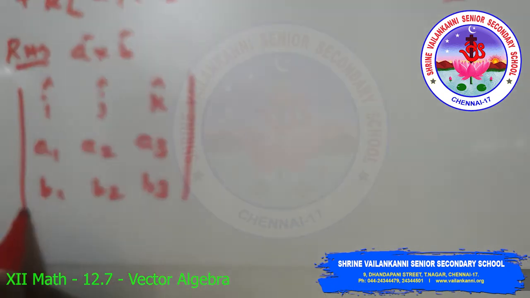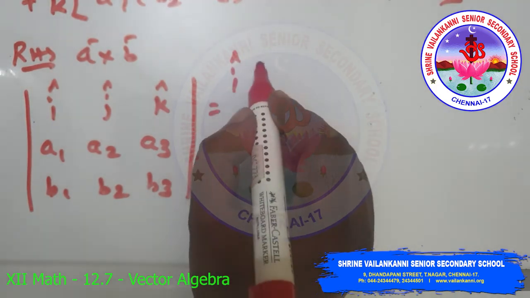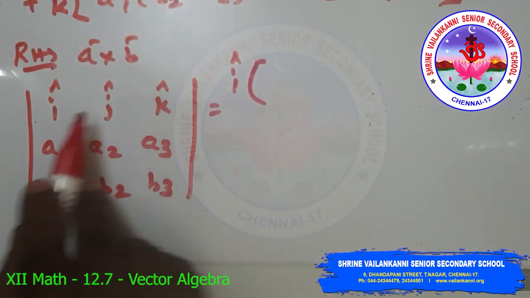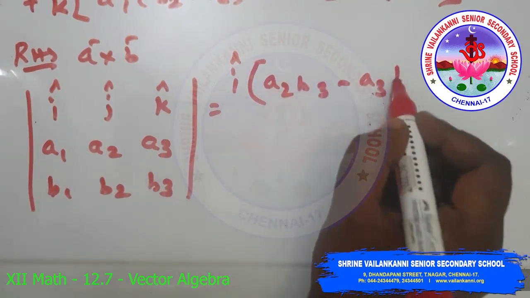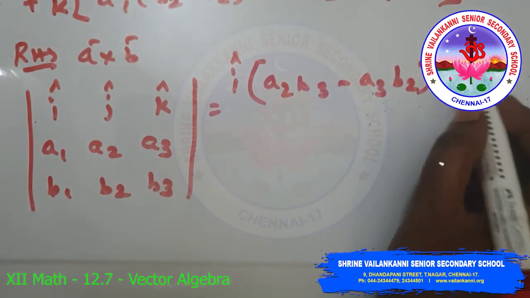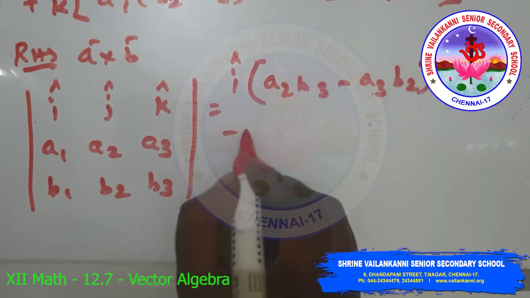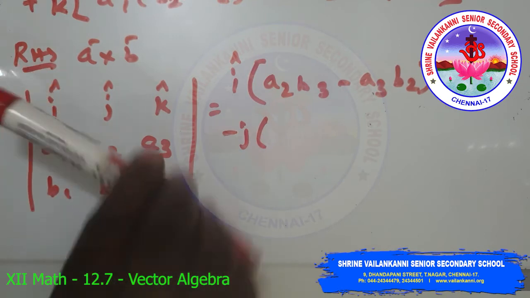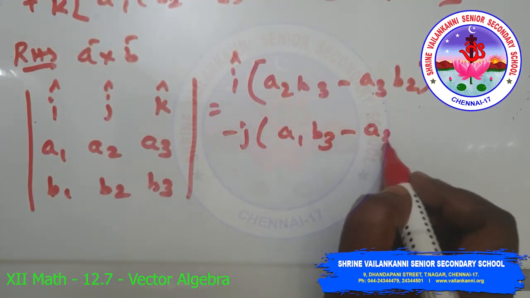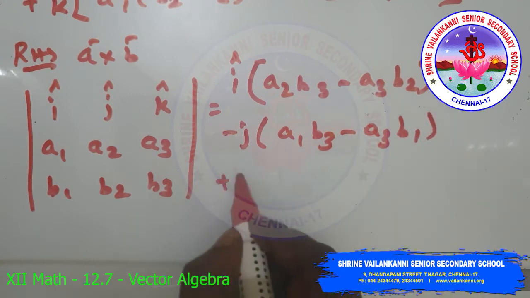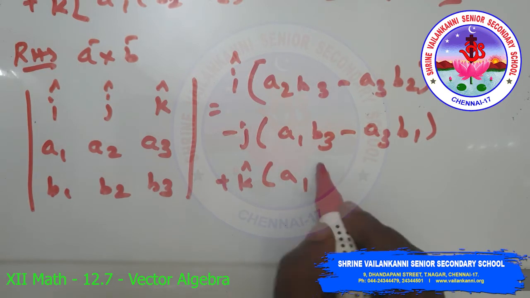Expanding along the first row, we get i into (A2 B3 minus A3 B2), minus j into (A1 B3 minus A3 B1), plus k into (A1 B2 minus A2 B1).